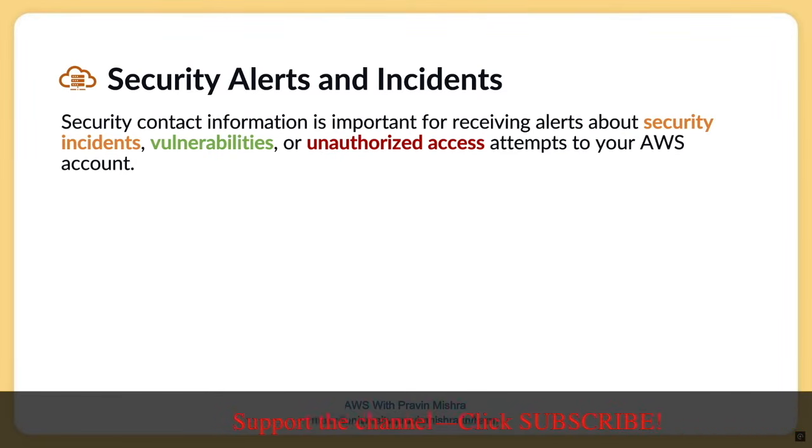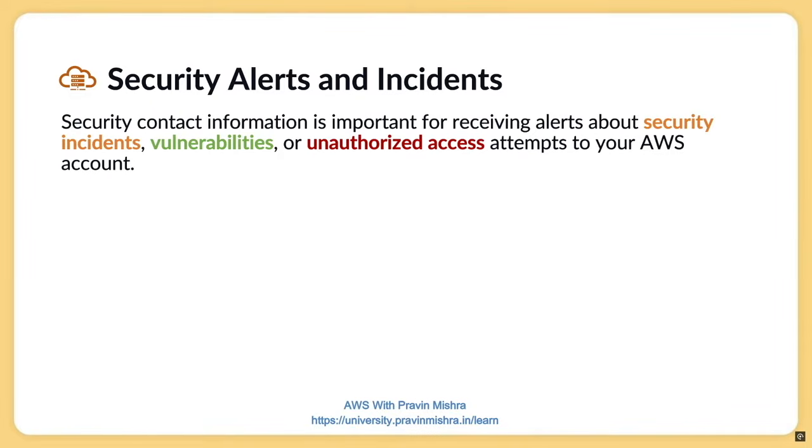So, do remember, all these notifications, alerts and incidents go to your registered email ID, and if it is severe, they will even call you. So setting this up correctly is very important if you are running any production workload in your AWS account.